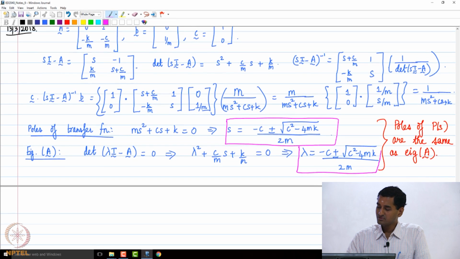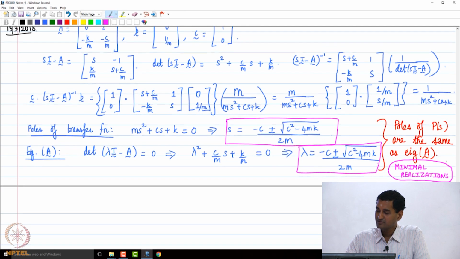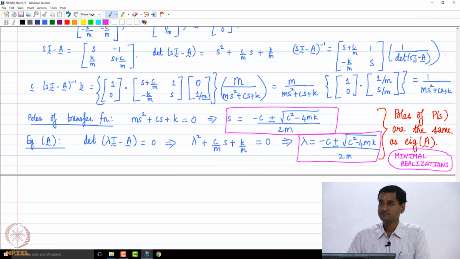So to generalize, of course, I am not telling the complete picture, but by and large, for what are called minimal realizations, the poles of the transfer function and the eigenvalues of the state matrix are the same. We will see what this is when we go to advanced courses on controls, particularly on what is called modern control theory or state space theory. Okay, yes please.